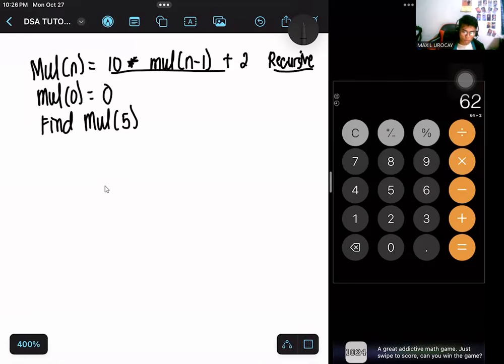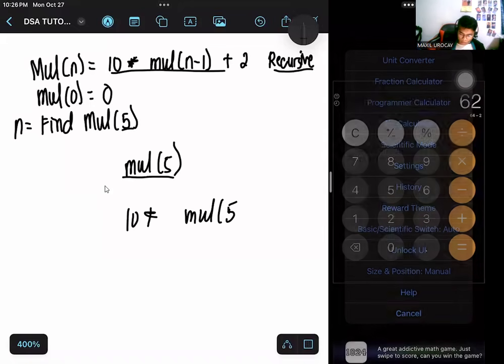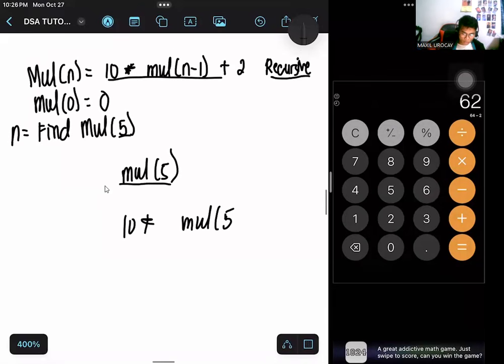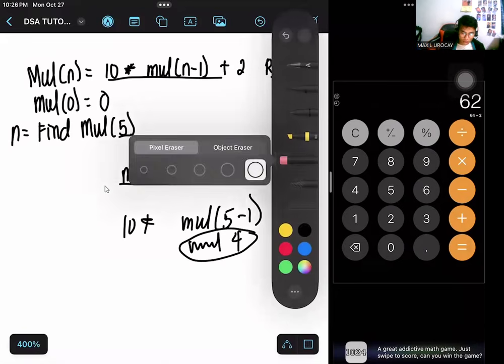If you are checking mul 5, you cannot calculate mul 5 directly, because if your n is 5, then n minus 1 becomes 4. So you need to check mul 4 first before getting the value of the other term.